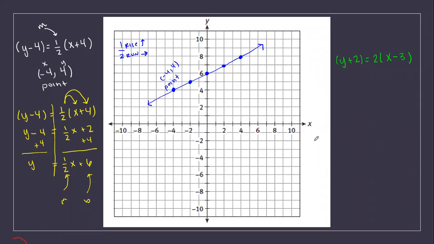When you do that, write your answer in the chat. Put it in the chat.